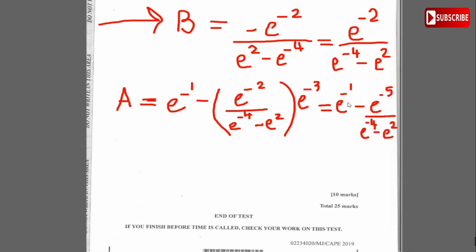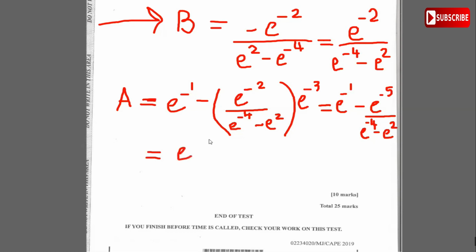And so you can make it one fraction now. Make it one fraction by multiplying this times e to the minus 1. So when the bases are the same, you add the powers. Making it one fraction, you get e to the, add the powers, minus 1 plus minus 4 will be minus 5. So you get e to the minus 5.